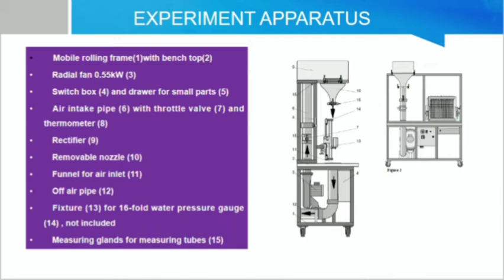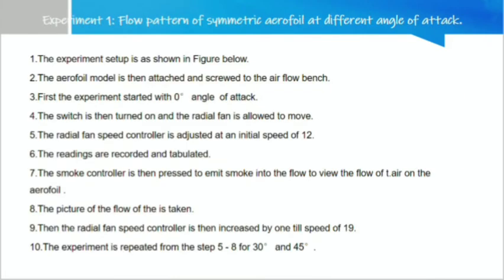Next, the radial fan 0.55 kilowatt, switchboard and drawer for small parts, air intake pipe with throttle valve and thermometer, rectifier, nozzle, funnel for air inlet, air pipe, fixture for water pressure gauge, and measuring lens for measuring tubes. Next, we conduct 2 experiments.